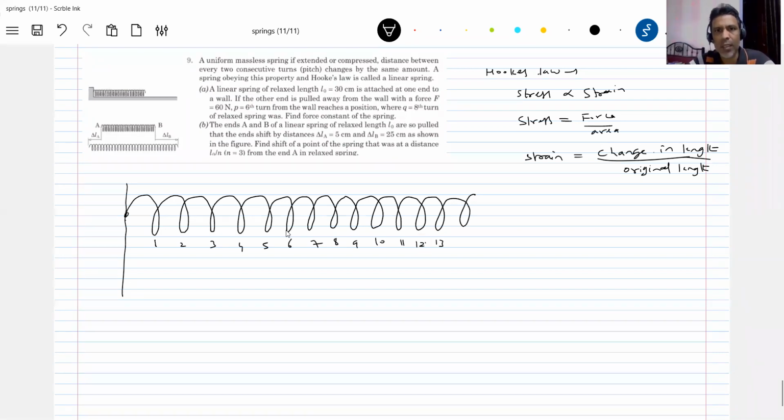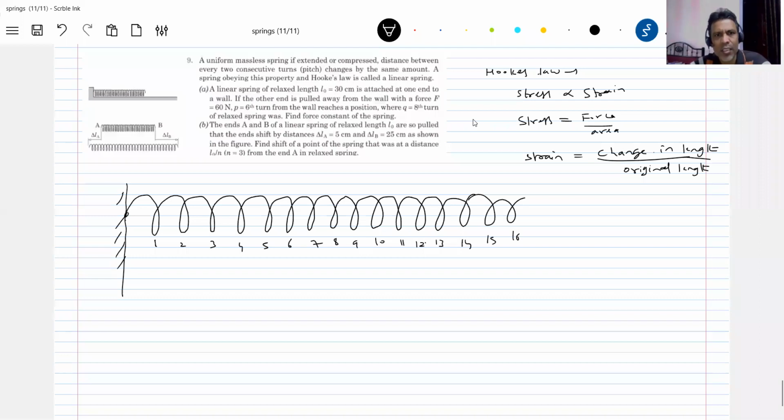Like this we can assume the number of turns. Find the force constant of the spring. Okay, 15, 16 turns for the spring here. Let it be that one.